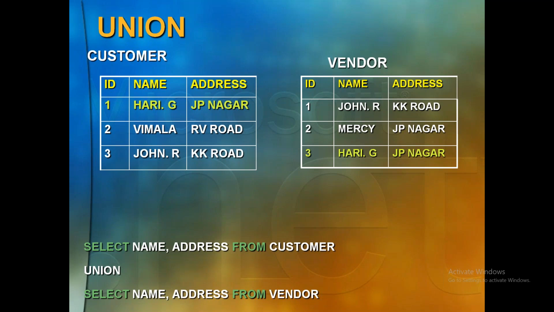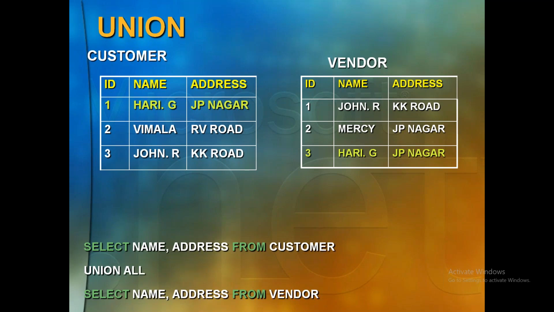So if you wanted to keep duplicates, we can go in for union all. Clear? So union is going to sort the data as well. Union all is not going to sort the data, and is not going to remove any duplicates. So that is the difference between union and union all.